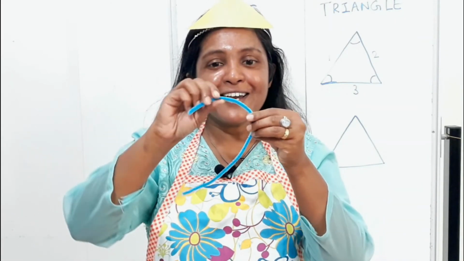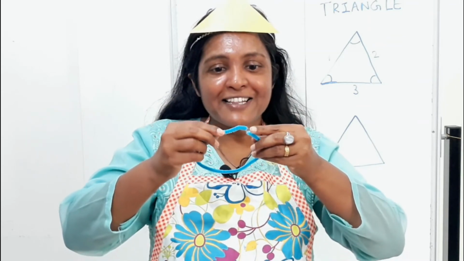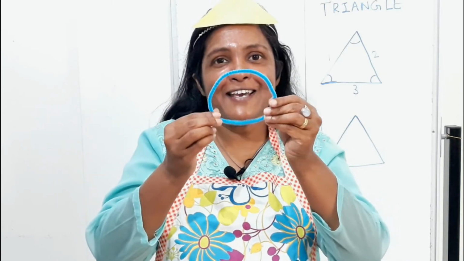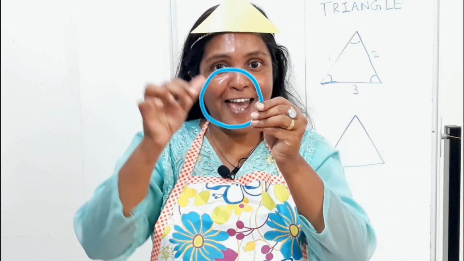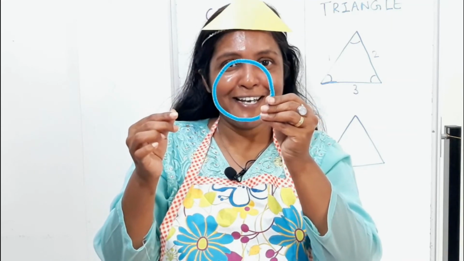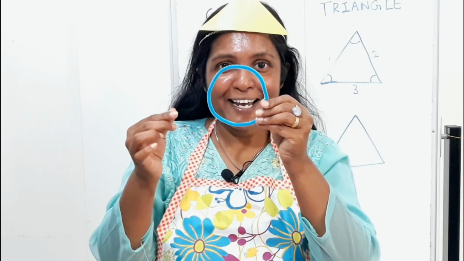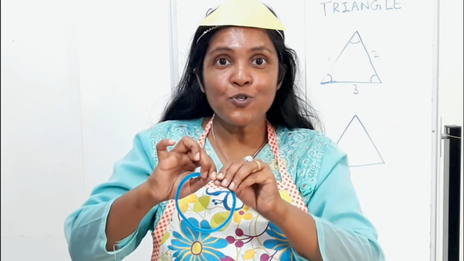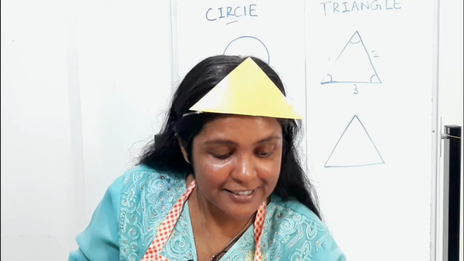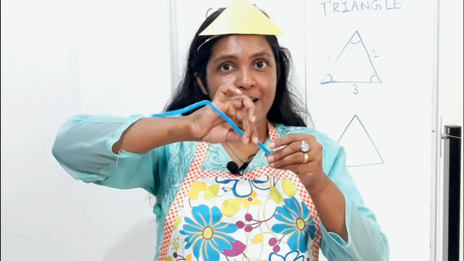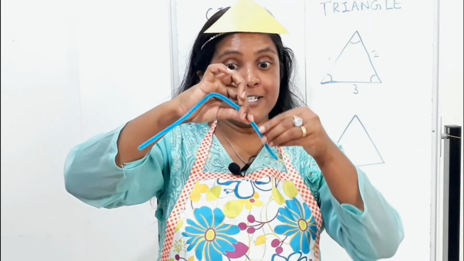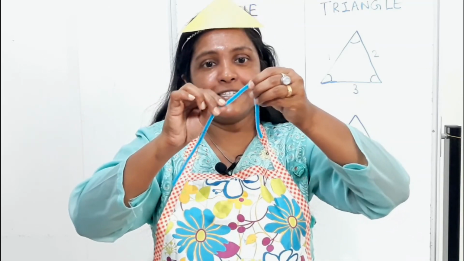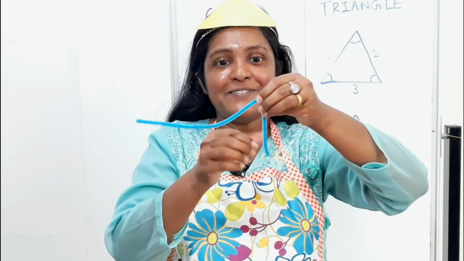See? You can make a circle like this. Can you see a circle? Yes, it's very easy. Easy and fun. Okay? Now I will show you how to make triangle. See? There are three angles and three sides. Yes, one. Then I will bend like this. See the point, okay?